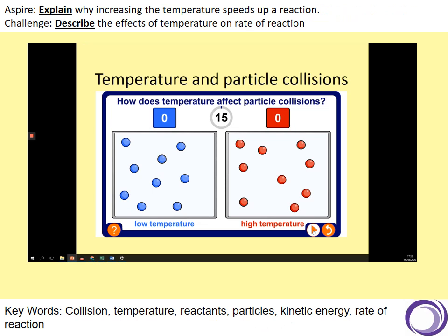Here we have an animation about temperature and particles. Let's have a look what happens to the particles at a high temperature and a low temperature.